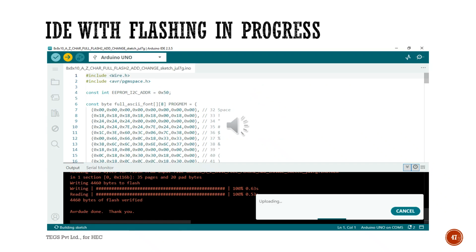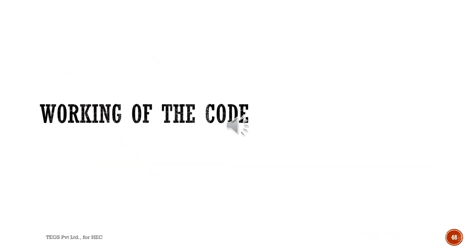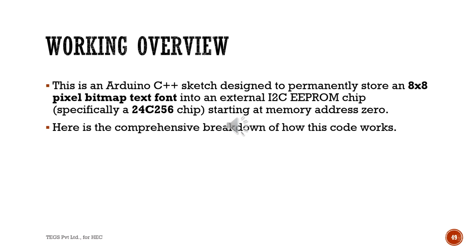The screen image of Arduino Uno IDE while flashing is shown in this page. Working of the CPP code is given in this section. Working overview.